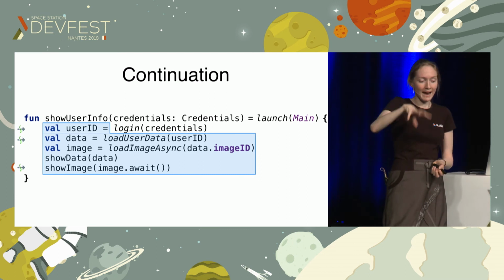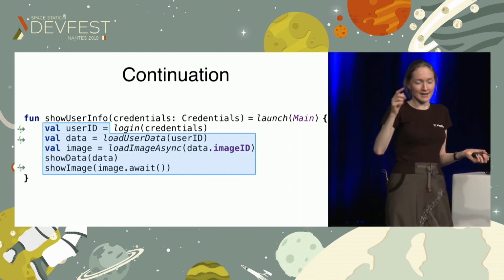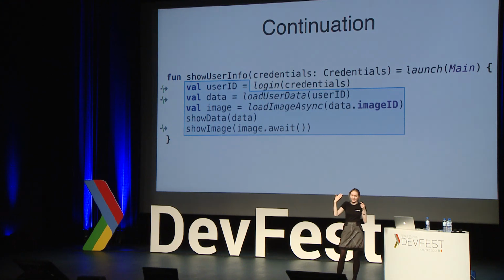When I suspend a function here, the continuation object is stored somewhere, and it contains all the information of the exact point when we stopped, when we suspended this computation.